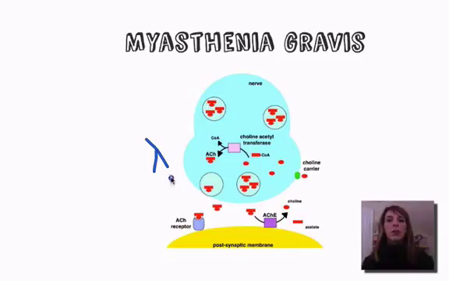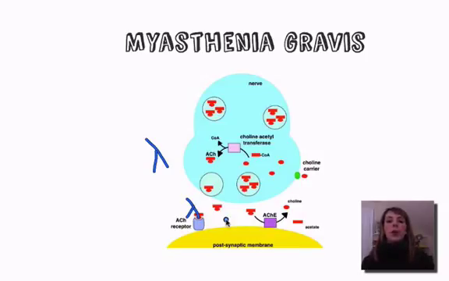But in some individuals, they end up making antibodies that are directed at self material. In this case specifically, they're directed at the acetylcholine receptor. So if an antibody binds to this acetylcholine receptor, well, now acetylcholine isn't going to be able to bind, and the nerve cell isn't going to be able to signal to the muscle cell to contract.